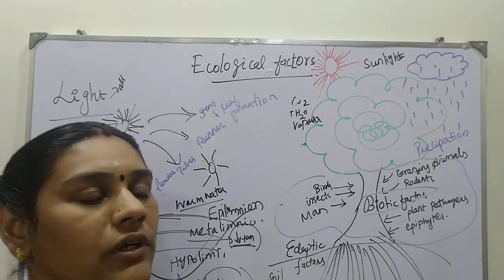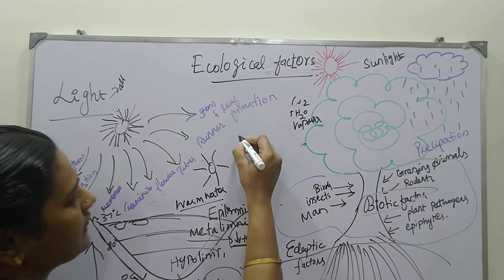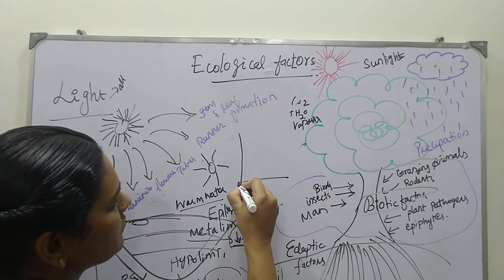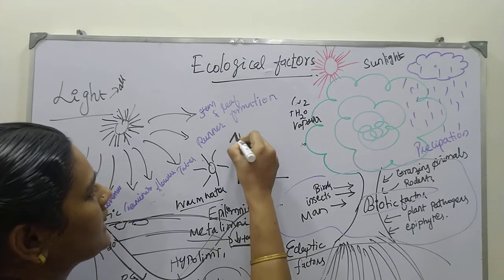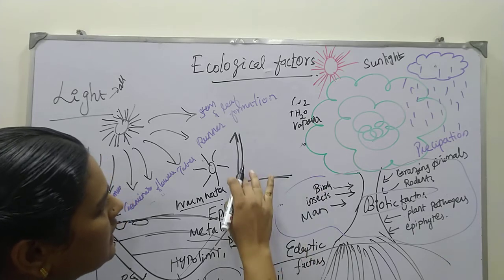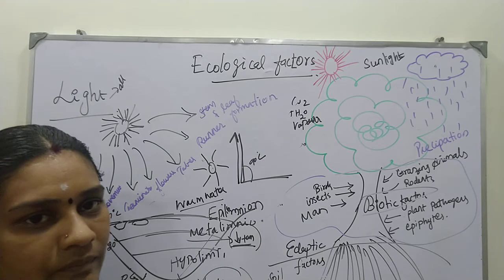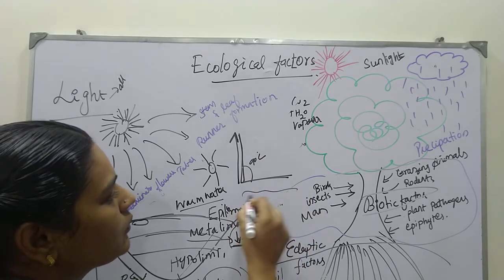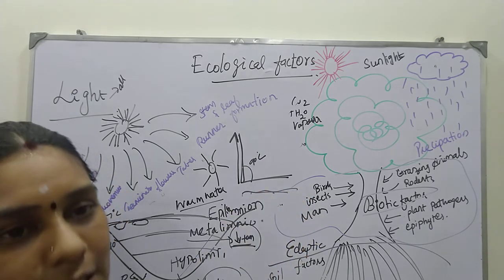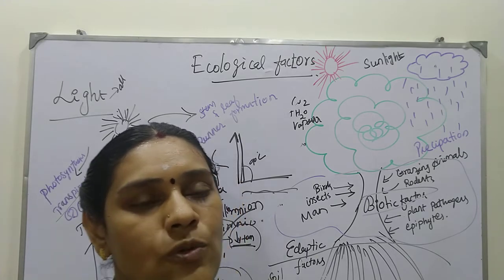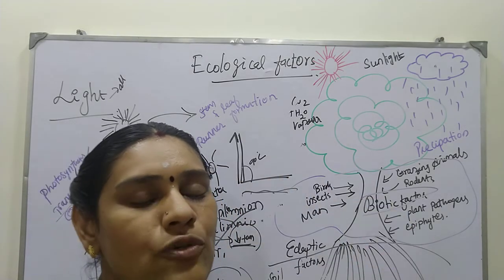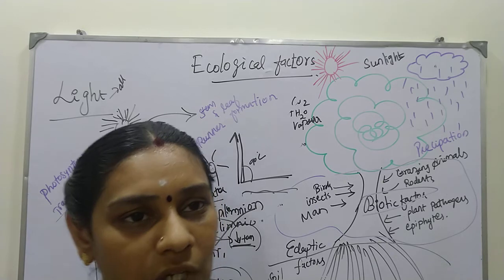Okay, and also temperature based on zone. So you know what latitude and altitude are. If you are taking from the 0 degree to a 90 degree, straight from the equator line, that 90 degree angle is called latitude. If you are taking above the sea level, it is called high altitude. So this high altitude and this latitude both will show variation in the temperature.